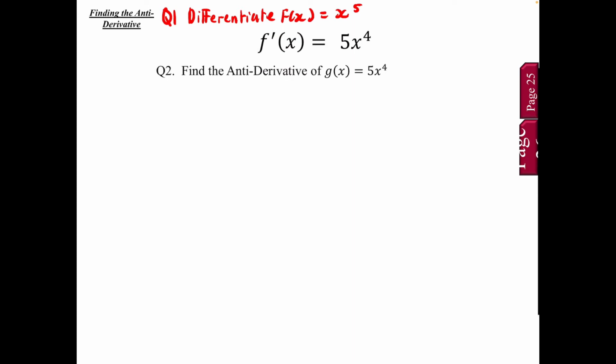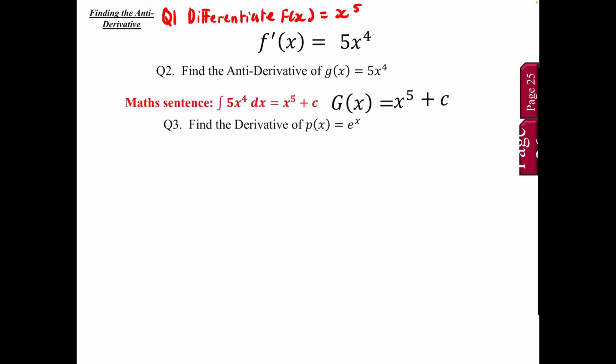Here, we're working backwards to find our function, i.e. we are given the slope, the derivative, and we want to find the original function f of x. If g of x is equal to 5x to the power of 4, the antiderivative of g of x is equal to x to the power of 5 plus c. In maths terms, this reads, the integral of 5x to the power of 4 dx equals x to the power of 5 plus c.